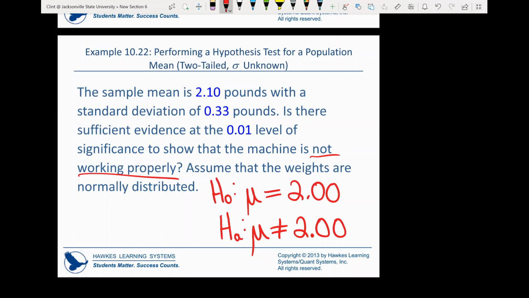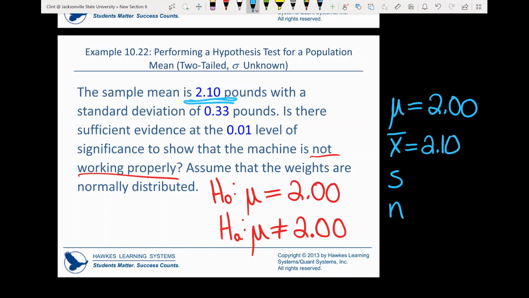Alright. And then next thing we can do is calculate our test statistic. Okay, so we need mu, x bar, s, and n. Mu comes from the hypotheses. That's 2. It says the sample mean is 2.1 pounds, so that's x bar. And it tells us this sample had a standard deviation of 0.33 pounds, so that's our sample standard deviation, s.